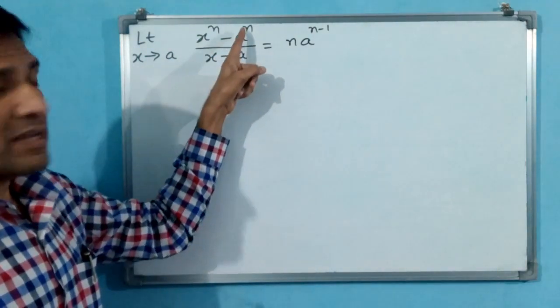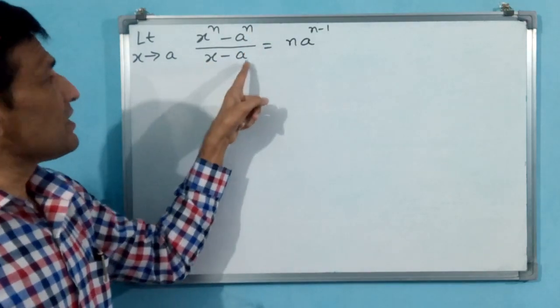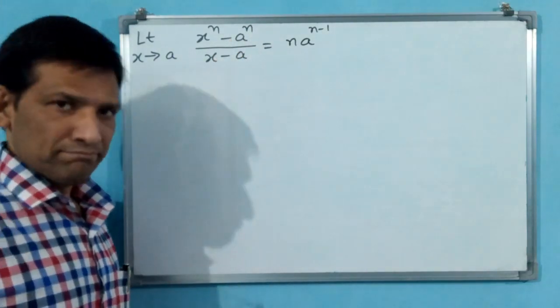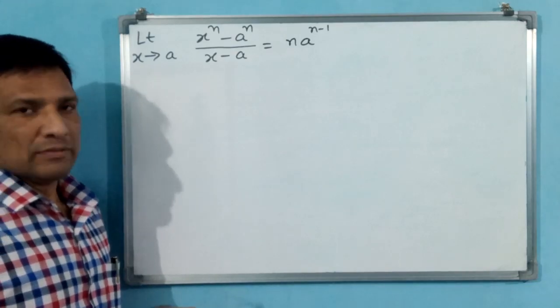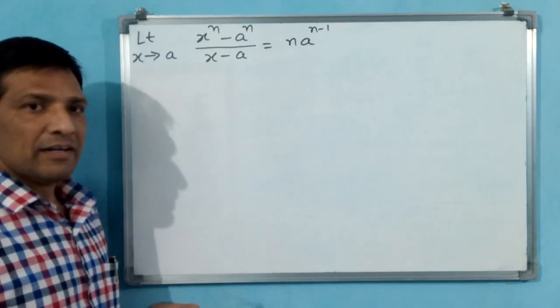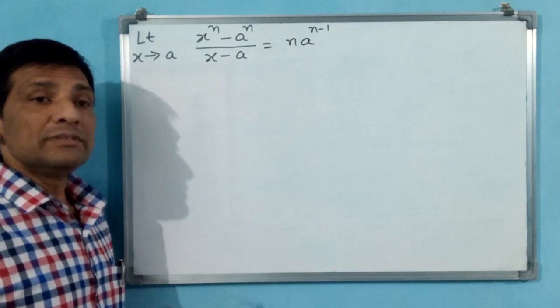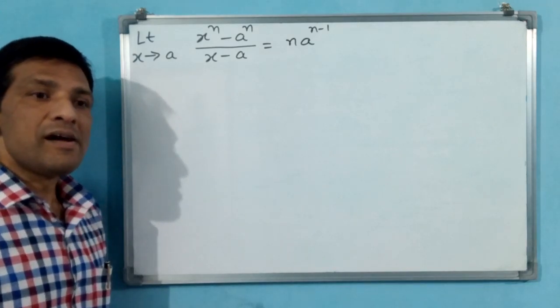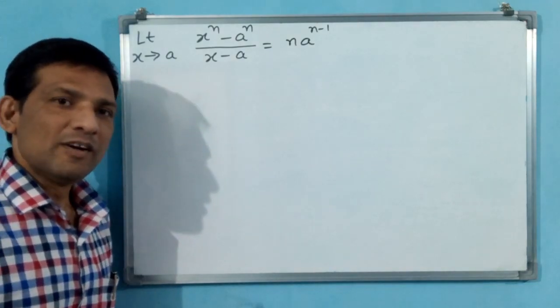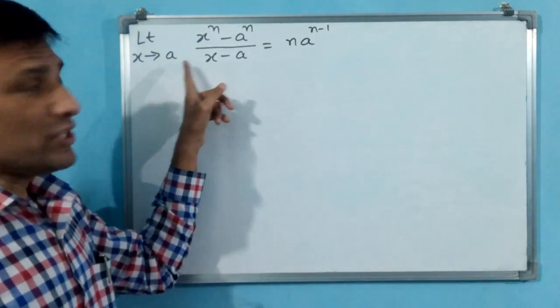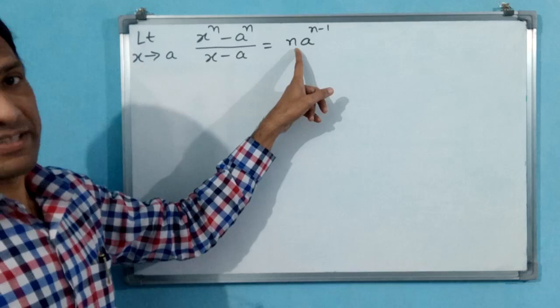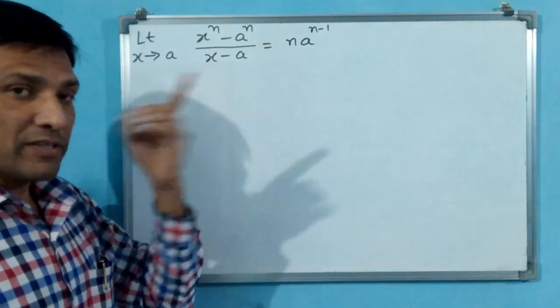A power n minus a power n is 0, a minus a is 0, 0 by 0 will come. 0 by 0 means you have to do the factorization method. How to do the factorization method? If the same form is there, then only it is possible. Directly you can write this without doing any factorization method.